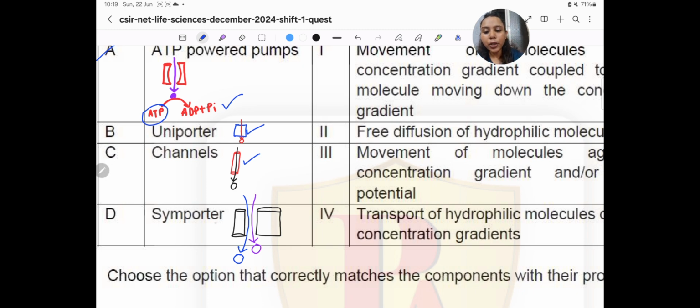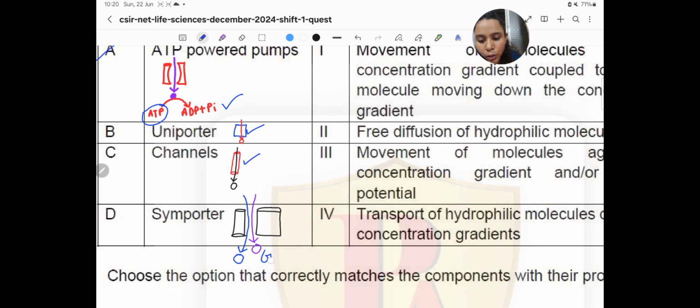Symport is also a type of facilitated diffusion, and in symport one substance is linked with another so that it can enter the cell.